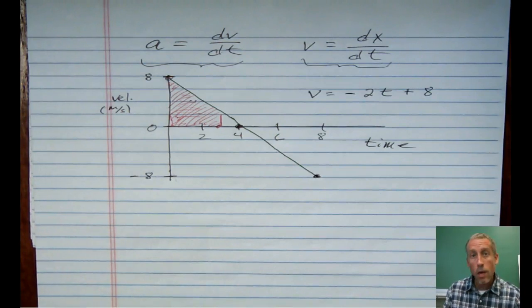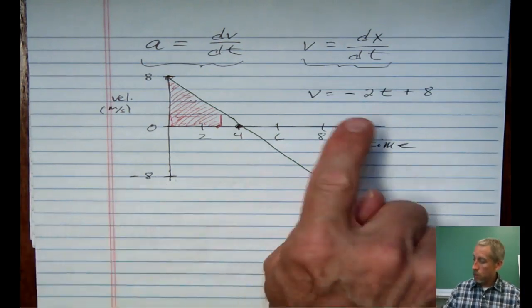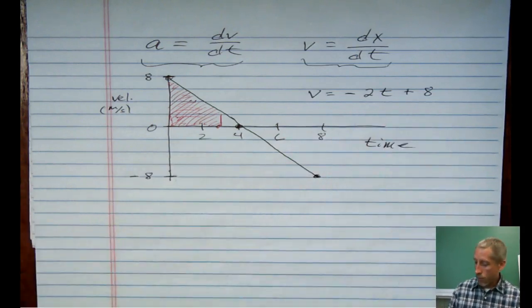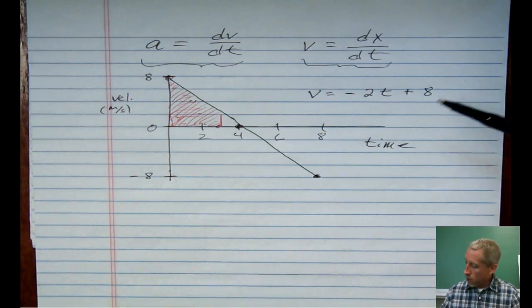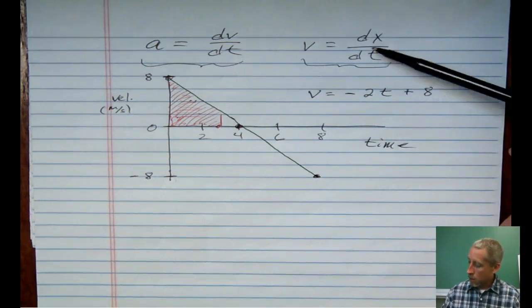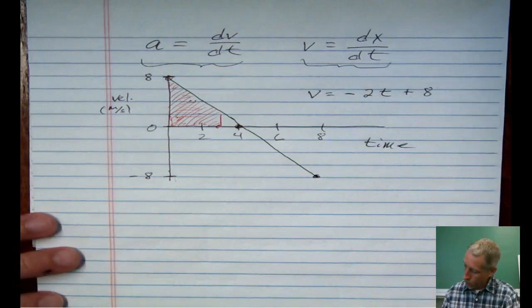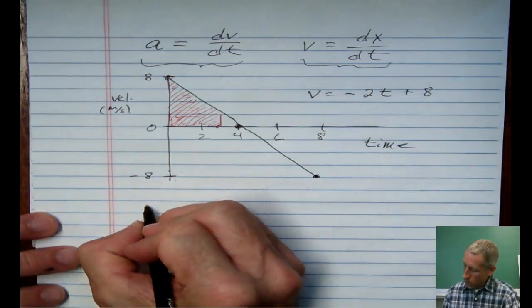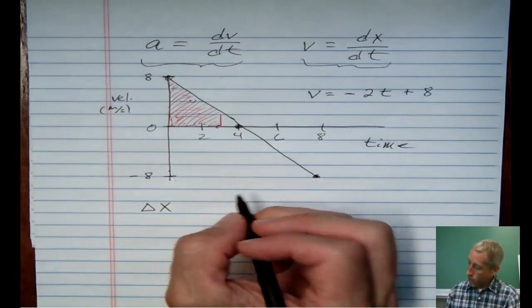But what I'm going to show you is how, even if we didn't have the graph, we could get by just using this function to figure out the displacement. So we wrote the relationship between position and velocity up here, but now I'm going to write it in its inverse form. And what that means is we can find the displacement, that's a change in the position.